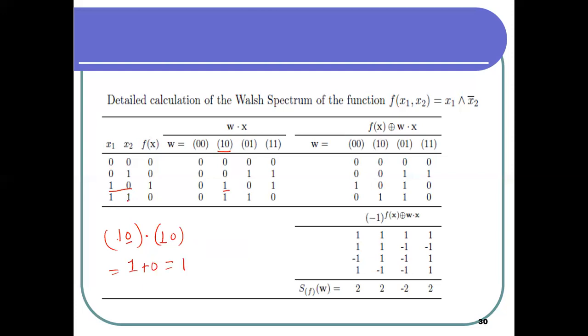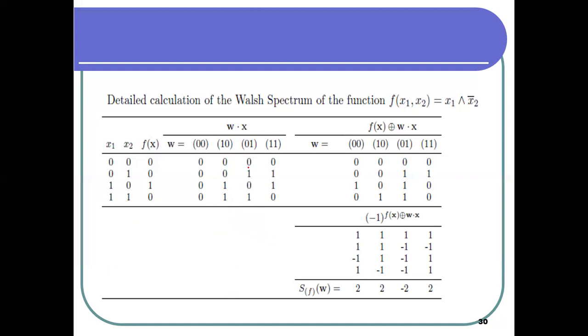Similarly, take W as 1 0 and the second one 1 1. Here this is my x1 and this is x2, this is my w1 and this is w2. So w1 x1 XOR with w2 x2: you will get 1 XOR with 0, so you will ultimately get 1.